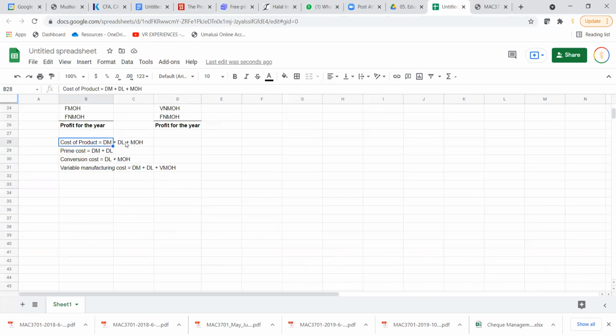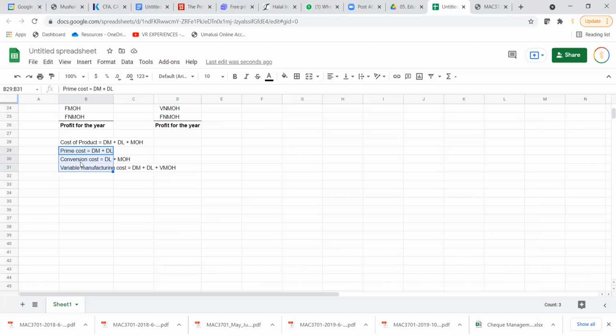This plays a role in how they present information. But ultimately, when you think of a cost of a product, it is made up of three things: direct material, direct labor, manufacturing overheads. Which manufacturing overheads depends on the system. They can present it like that, or they can give it individually as in direct material, direct labor, variable manufacturing, fixed manufacturing. So just please be aware of that.